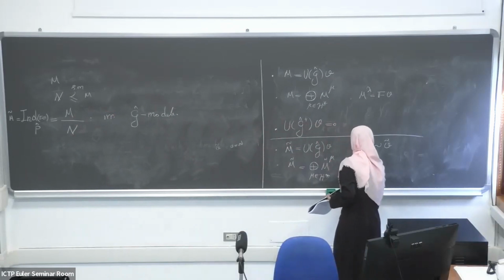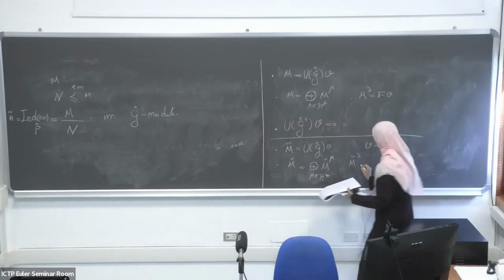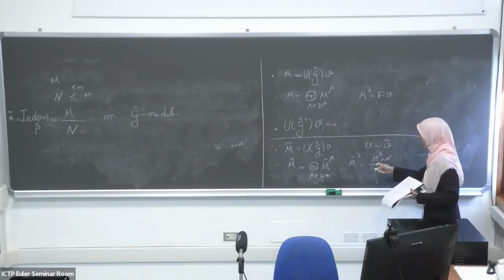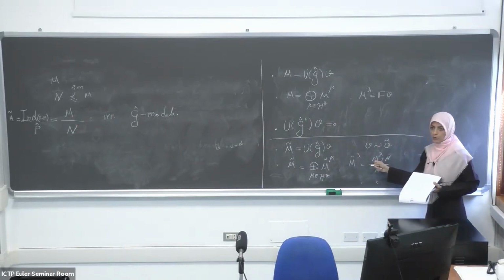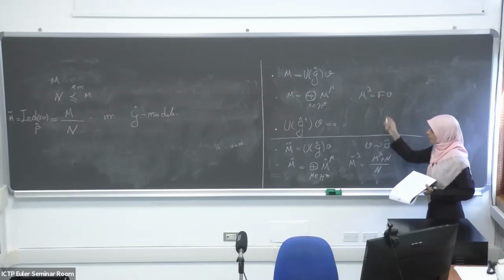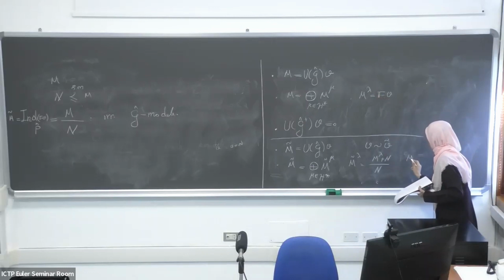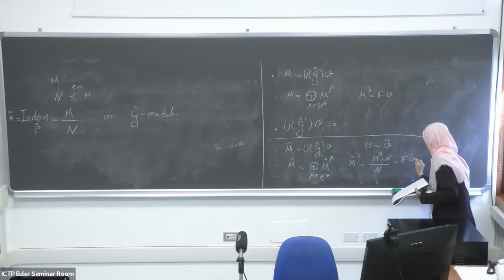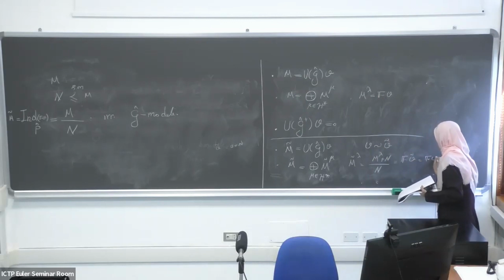Especially M tilde lambda is M lambda plus N over N. And as M lambda is one-dimensional, and we know that M lambda is exactly FV, we get that M tilde, with this identification, is FV.